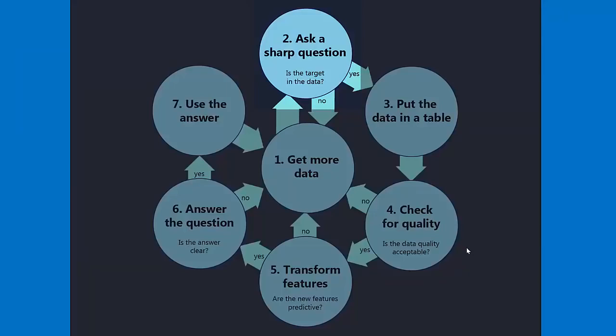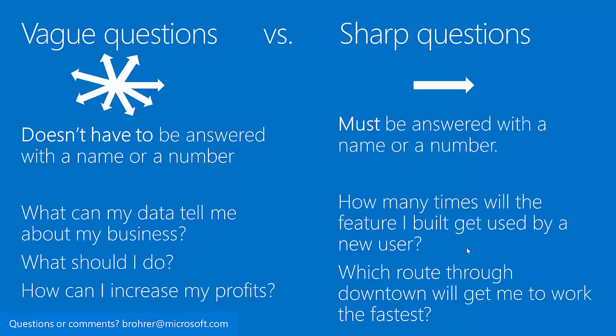After you have data, the next thing you need to do is ask a sharp question. And the thing you're looking for is your target in the data. I'll explain what I mean by that. To start with, if you have a vague question, it doesn't have to be answered with a name or a number.